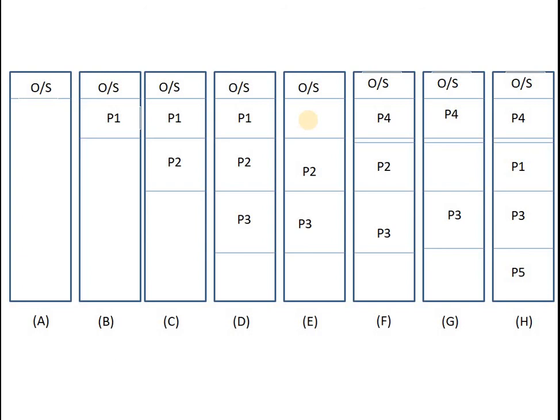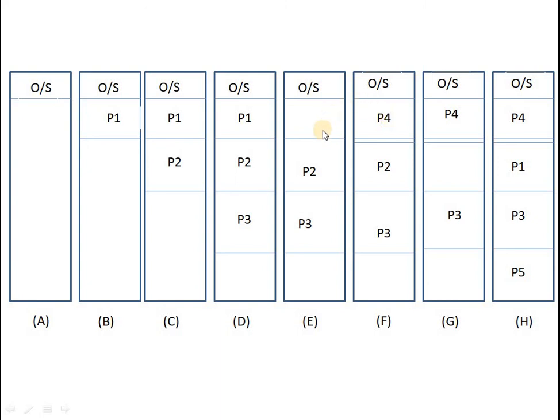partition is created between P4 and P2. Here P1 is swapped out from memory, but its created partition is free. After that, P4 will enter in the system, but the size of P1 and the size of P4 is not equal.